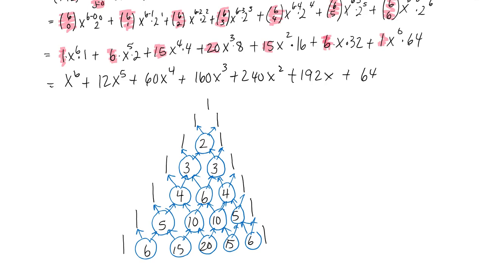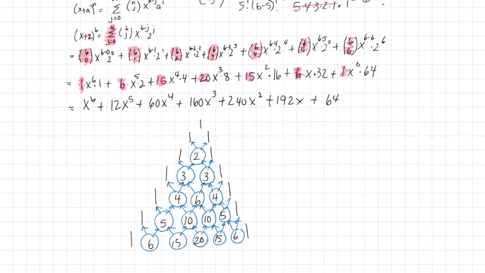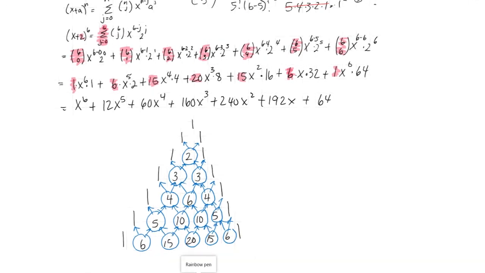The way you decide which row you're going to use is based on the power of your binomial. So for this example, we're raising to the 6th power, and you're using this row right here for n equals 6. The first row starts with n equals 0.